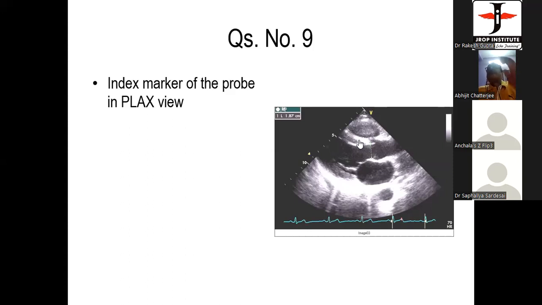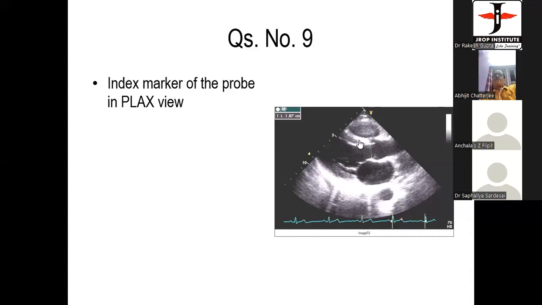And the structures that are to the right will be measured in diastole. What are the 3 structures that we measure in diastole? Sinus of Valsalva, sinotubular junction, and proximal ascending aorta. Why is it important to measure the proximal ascending aorta?